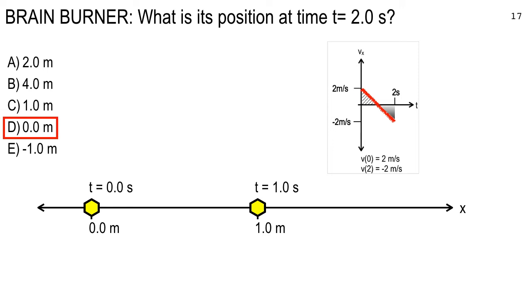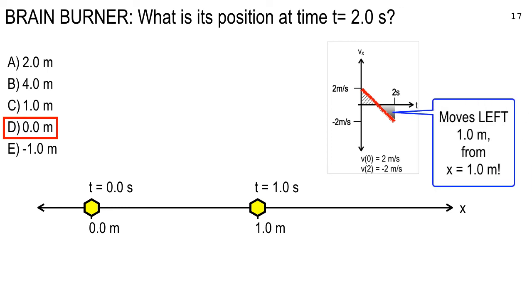And so it's moving left. It's the same size triangle, but now it's moving left, so you have to construct it as moving left 1 meter, right?